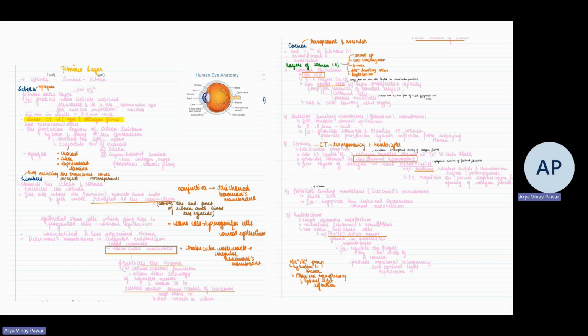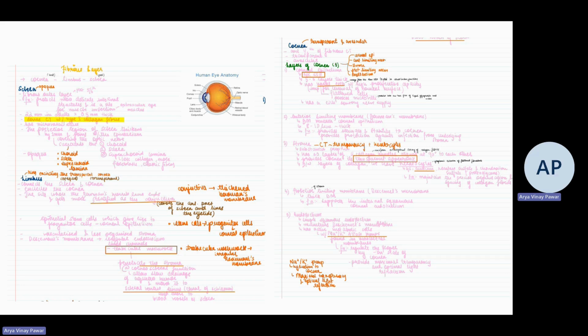Another variation that we also observe with Descemet's membrane is where it forms a trabecular meshwork. So the Descemet's membrane actually varies.